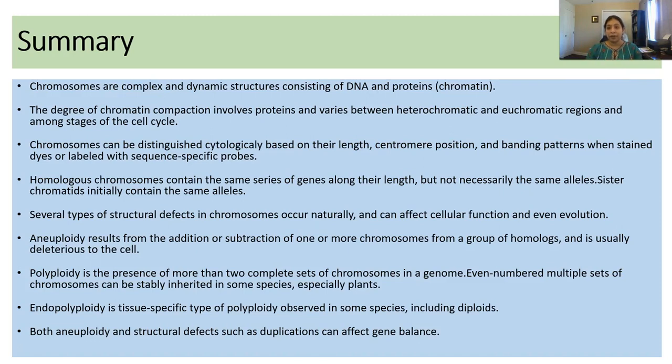Several types of defects can happen in chromosomes just because of errors during DNA replication, and that can affect both the cell function as well as the long-term evolution of that organism. Errors in chromosomes are small sections getting deleted, inserted or translocated.